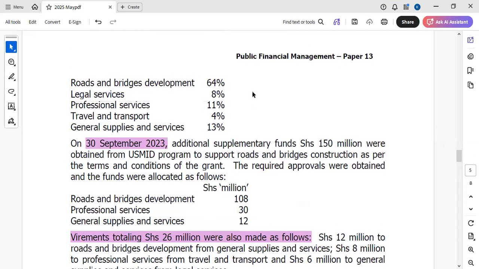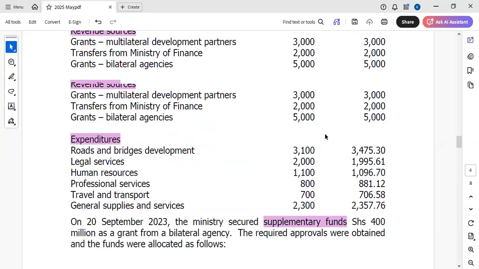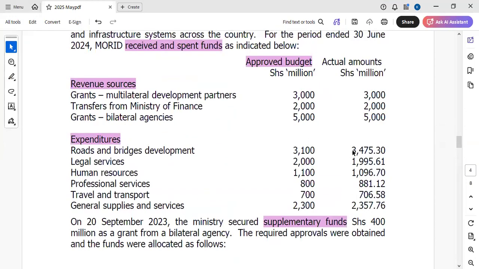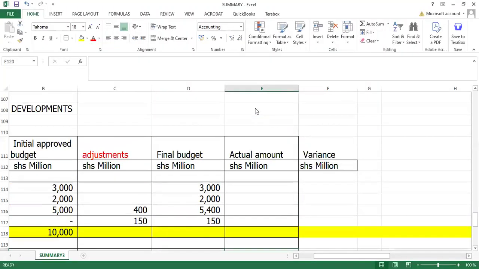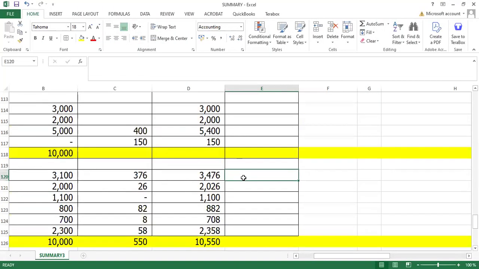So you copy these figures and put them on the other side, because this is the column for actuals. So make sure that you copy the actuals very well. This is 2, 3, 4, 7, 5, 3.